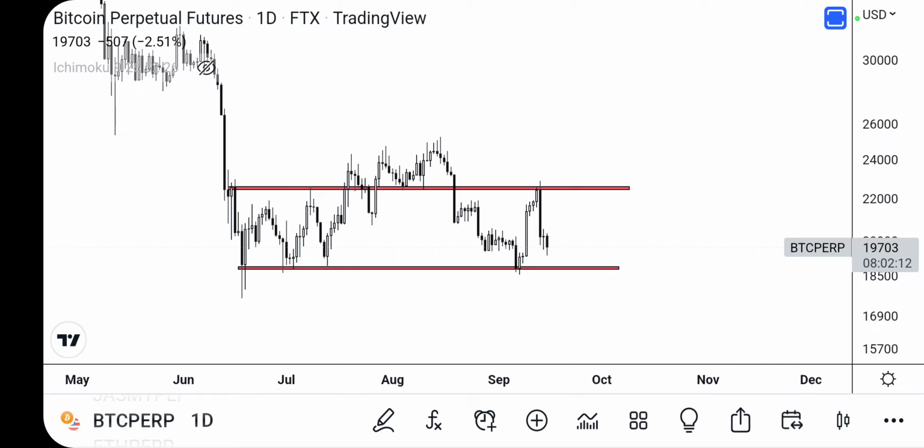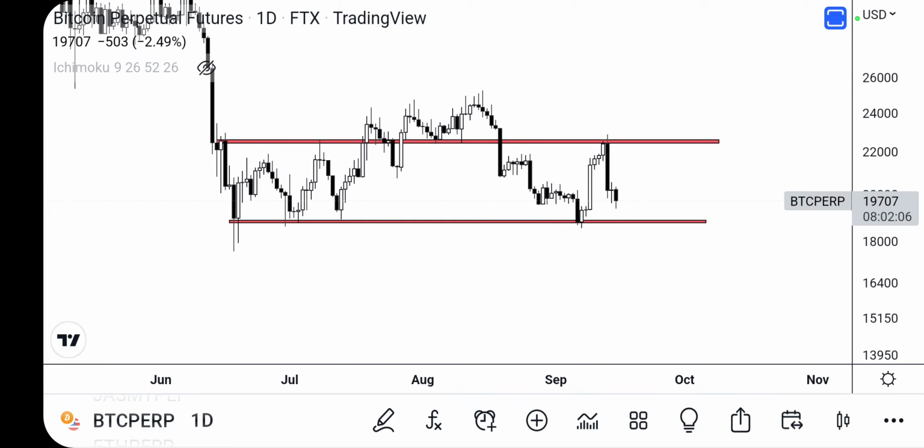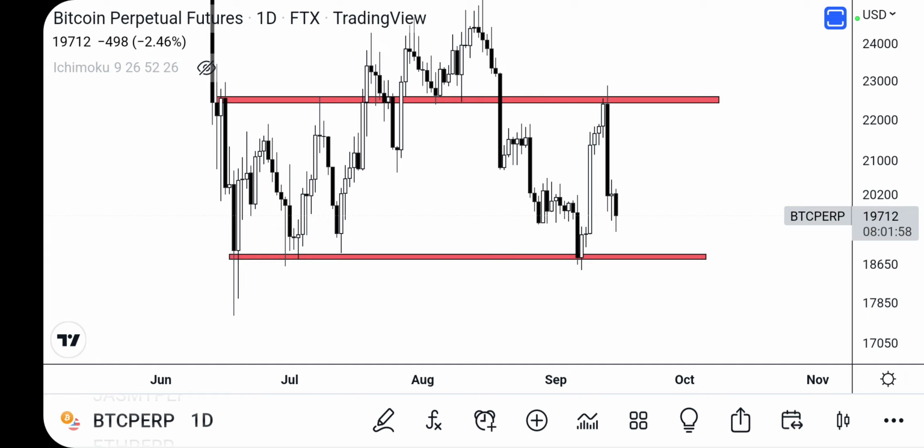It's very, very important. I'm sharing this with you so that you would understand what it takes for a chart pattern to be valid. You can see that the body of the candlestick is yet to break below this level.